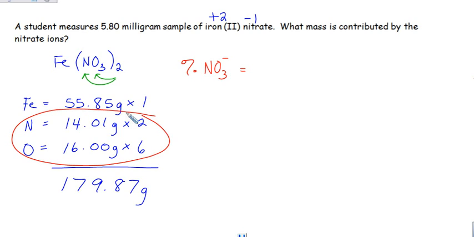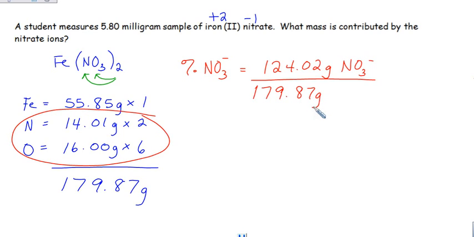I have an extra electron. So these together, 124.02 grams of nitrate divided by the compound, 179.87 grams of iron nitrate.